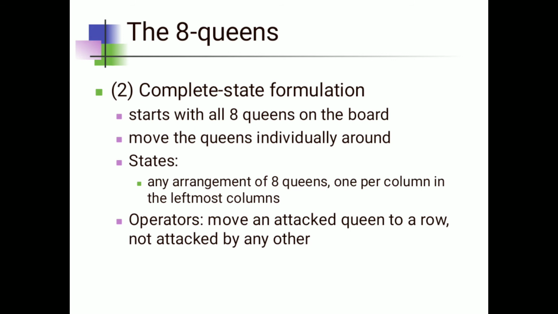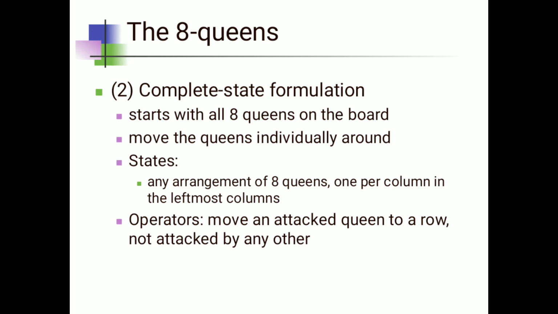Now there is also a second possible way to solve this problem, and that is called the complete state formulation. It starts with all 8 queens on the board, and then we move the queens individually around. Here the states can be any arrangement of 8 queens, one per column in the leftmost columns, and the operators are to move an attacked queen to a row not attacked by any other.